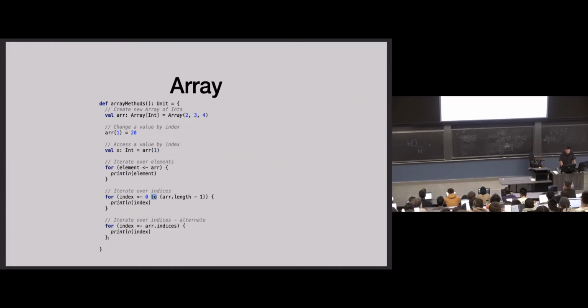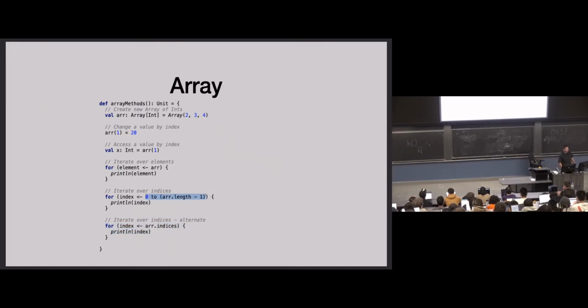Or, what I prefer, I don't like having to remember which one is to and which one is until. I always get those mixed up, like which one includes the endpoint, which one doesn't. Should I have my minus 1 there? Should I not? I don't know. Just use array.indices. Indices is going to give you a data structure containing all of the indices of that array as integers. And then you don't have to think of any of this stuff.